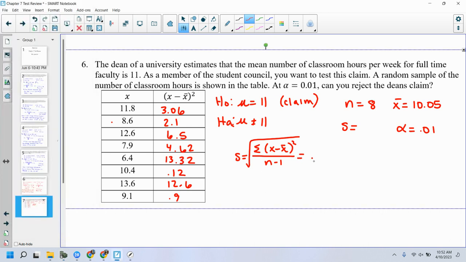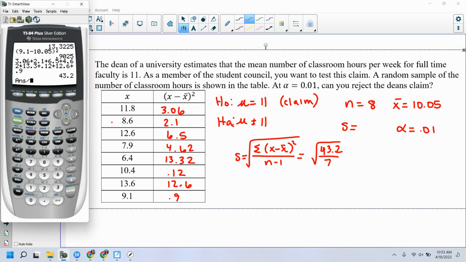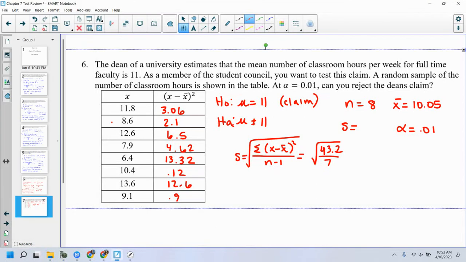That's 43.2, divided by 7. Right? 43.2 divided by 7. And then I'm going to square root that. 2.48.